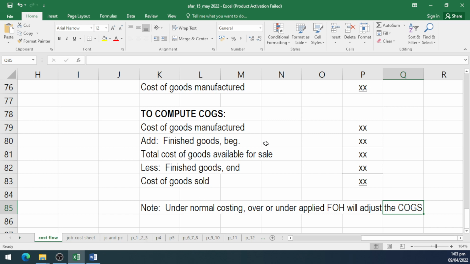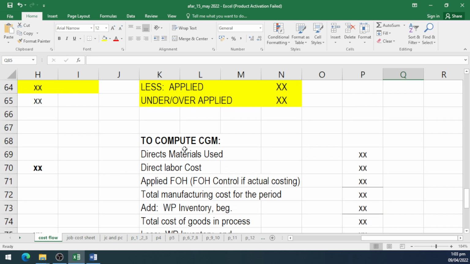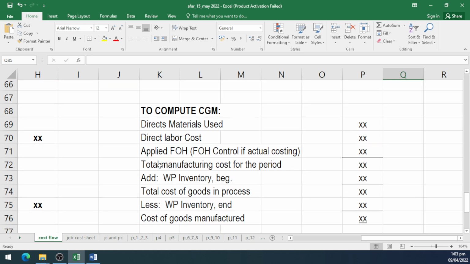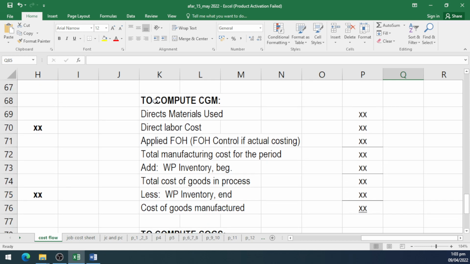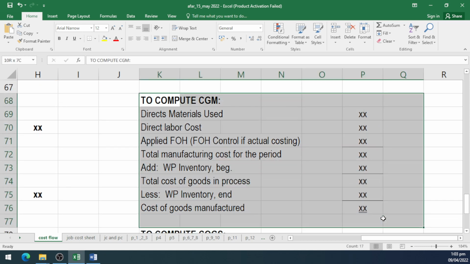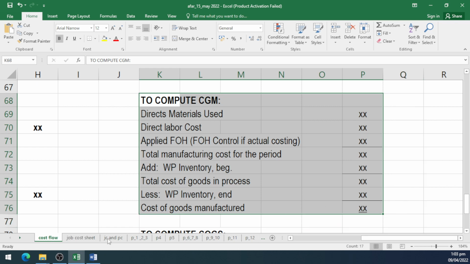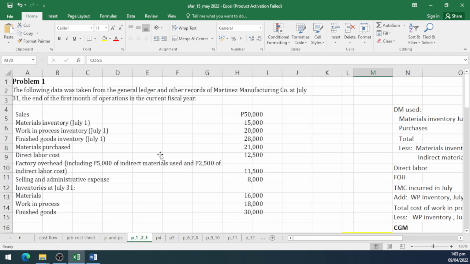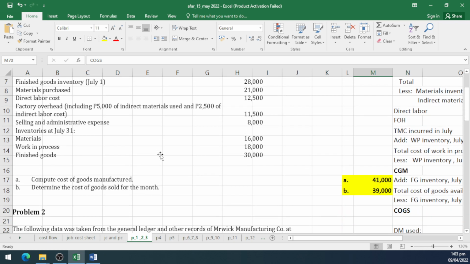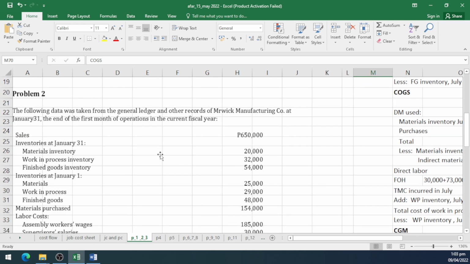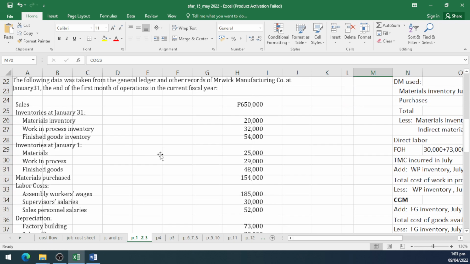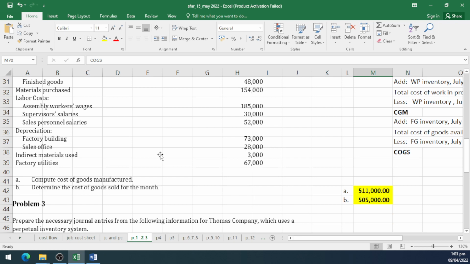Okay? Class, this is not a complex computation. I believe you all guys have mastered this. So for problems 1 and 2 regarding computation ng cost of goods manufactured and cost of goods sold, yan po.